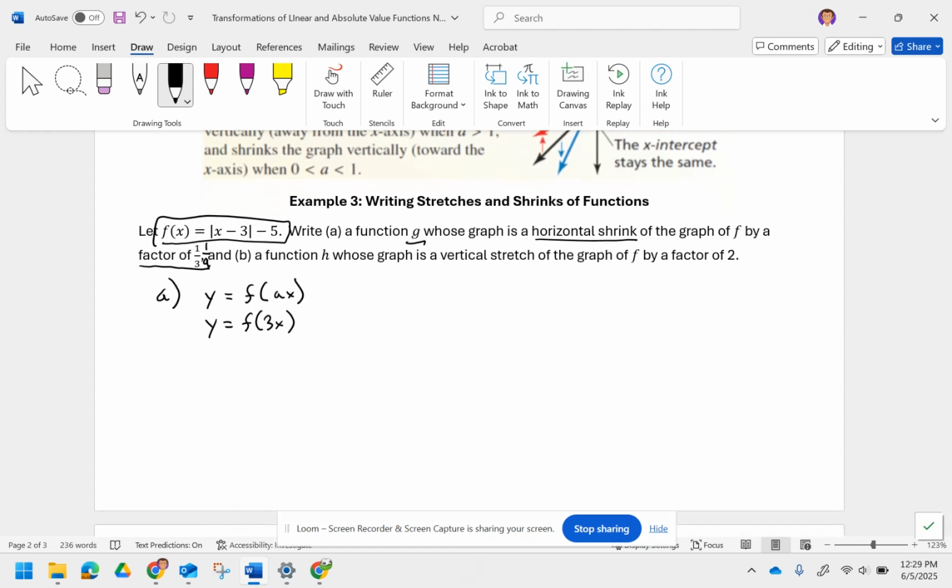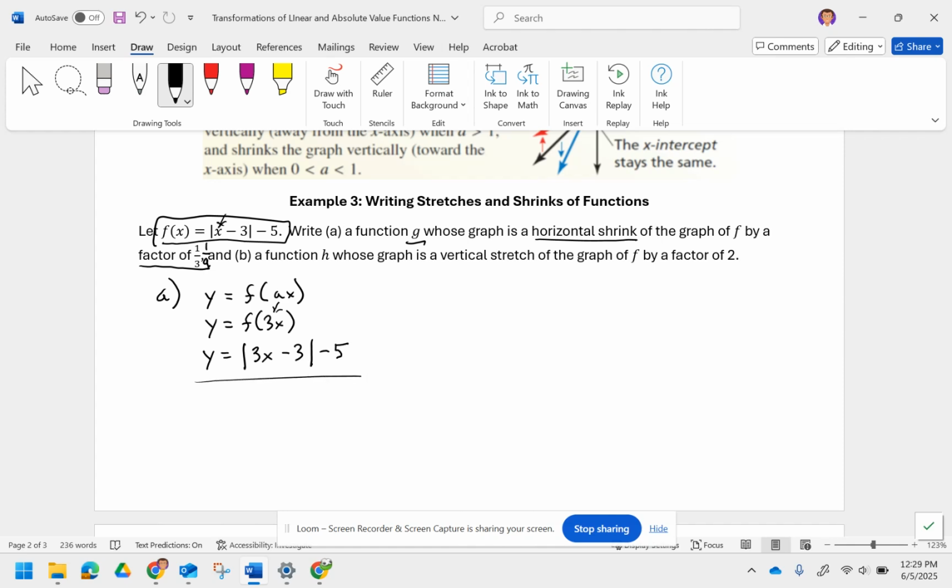Okay, so now we can substitute that into our equation. So f of x was equal to the absolute value of x gets replaced with 3x minus 3. So wherever the x was in the equation, replace it with whatever your input is. Then minus 5.